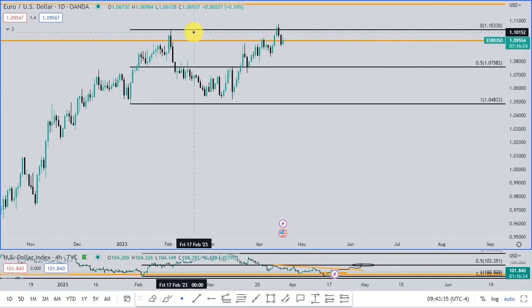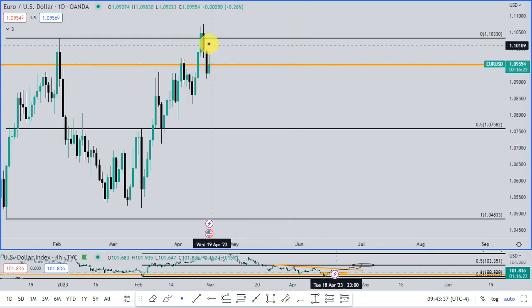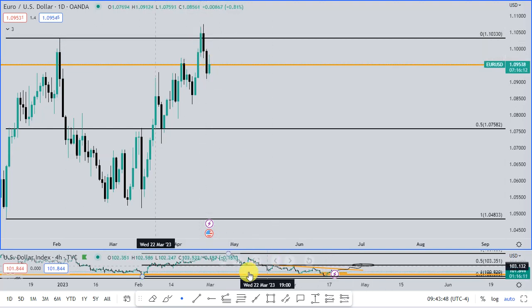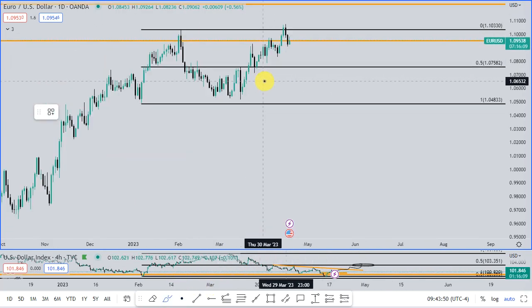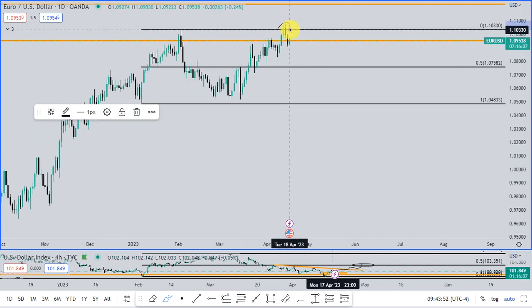And here you can see that price couldn't close this daily candle above the range high of this level, and it got fully covered by this bearish candle. So it means that price has deviated from this range high and took liquidity from this high, buy side liquidity.